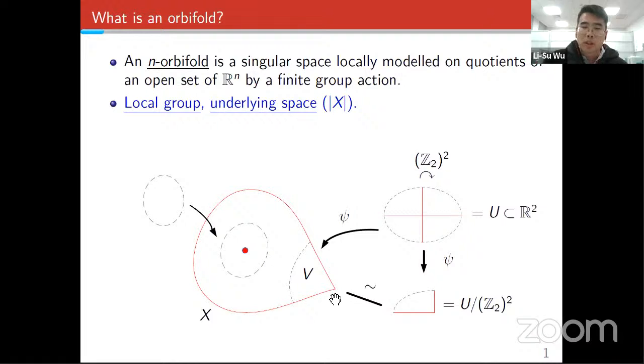So this corner point has local group Z_2^2, and any point on this red line has local group Z_2, generated by a reflection. This point has a finite cyclic local group, and another point has the trivial group. The underlying space of an orbifold X is the space obtained by forgetting all the local group information.